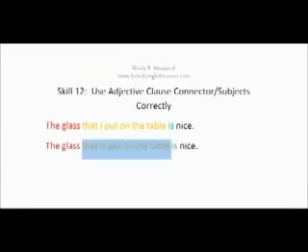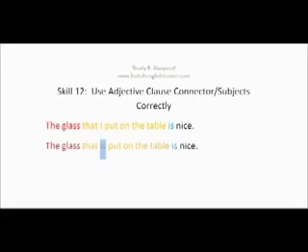Now what we need to do actually is to differentiate between these two adjective clauses that we see here in front of our eyes. The first one is that I put on the table, but the second one is that is put on the table, which means that in the second one we've got that as a connector, and then we have is as a verb.